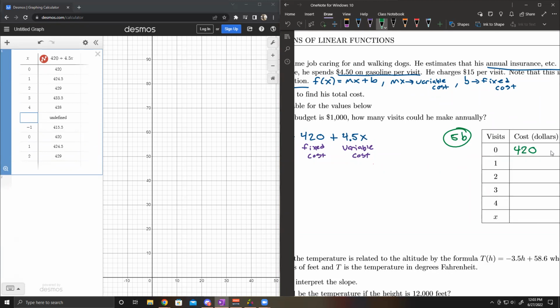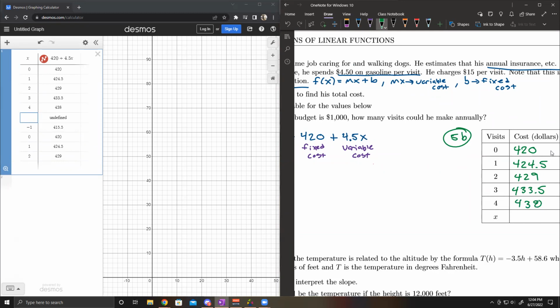But now he does 1 visit, and since he has to pay that gas, it's going to cost him $424.50. 2 visits, $429. 3 visits, $433.50, and 4 visits, $438.